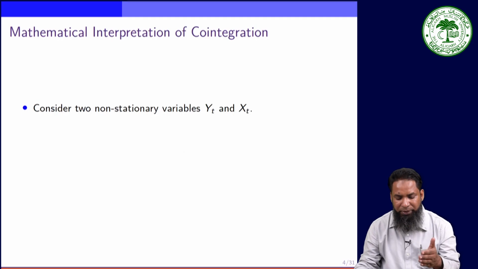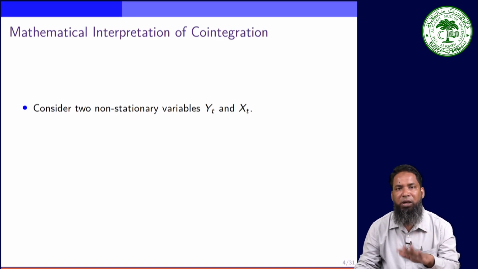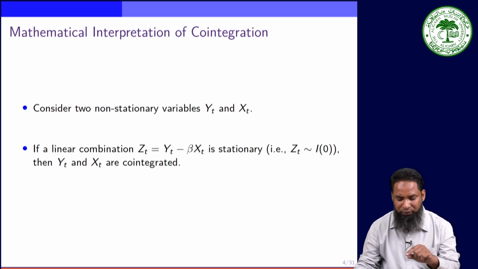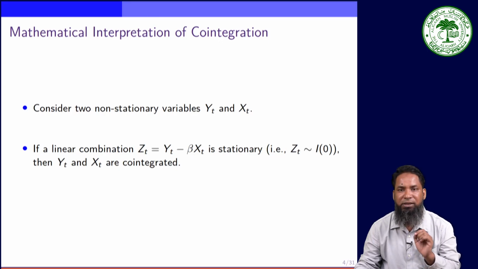The mathematical interpretation of cointegration can be represented as follows. Let's assume we have two non-stationary series yt and xt, both integrated of order 1. We represent the linear combination of yt and xt by a variable zt, where zt is yt minus beta xt.